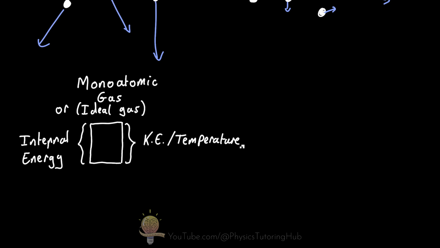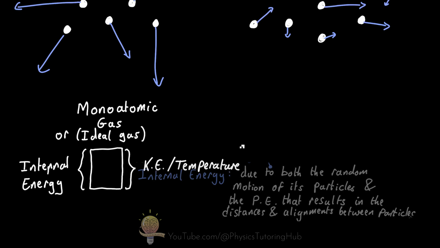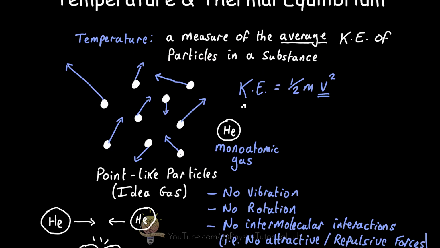Well, for all substances, including ideal gases, the internal energy of a substance comes from the random motion of its particles and the potential energy that results from the distances and alignments between particles. Now, an ideal gas doesn't have these intermolecular interactions, but other substances do.